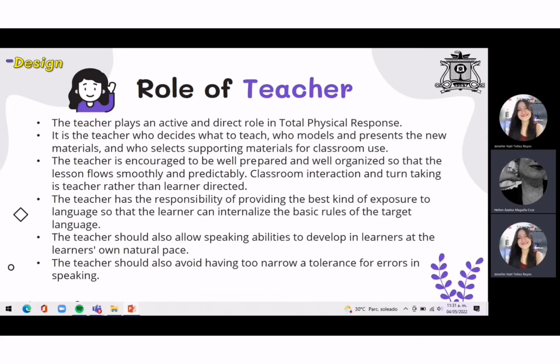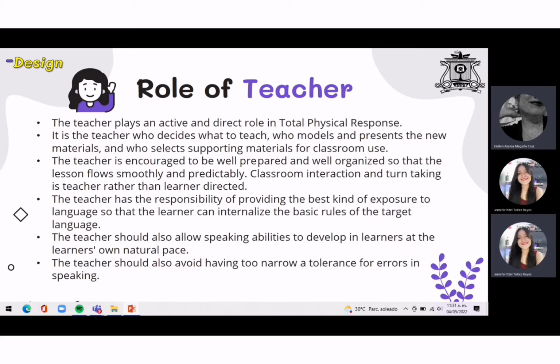The role of the teacher. The teacher has an active and direct role in this method, in total physical response. He is the one who decides what to teach and is basically the model of this method.